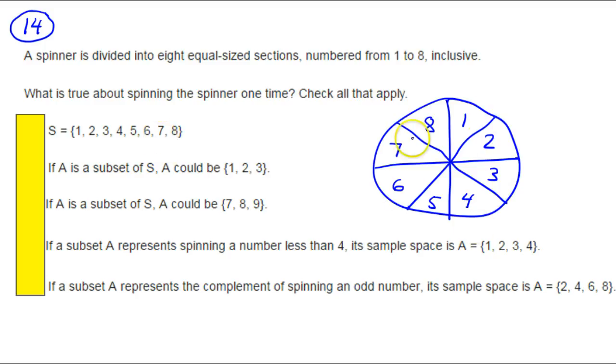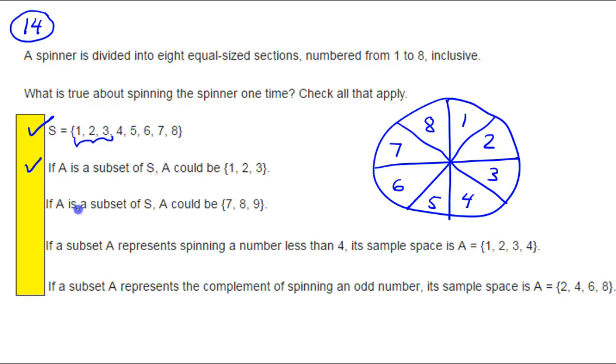And yeah, we have 1 through 8. So that's true. If A is a subset of S, then A could be 1, 2, and 3. Well, yes. 1, 2, and 3 is a subset of S.